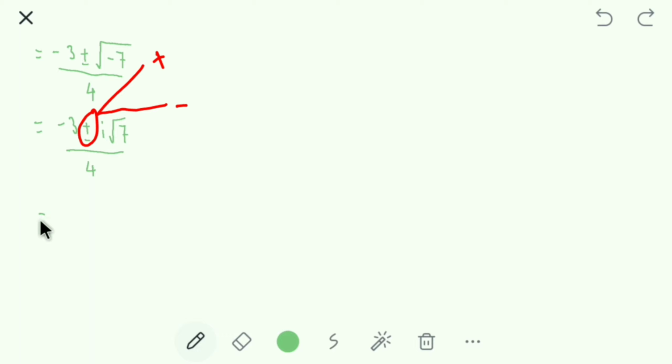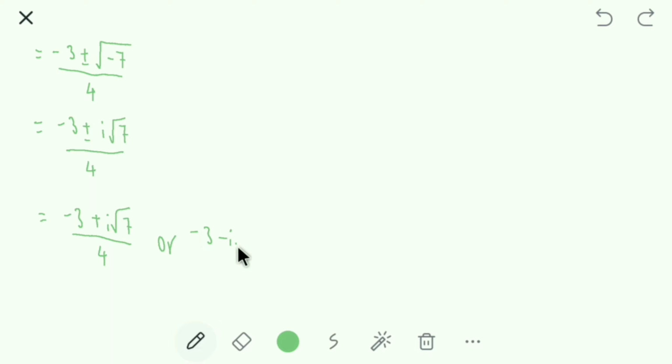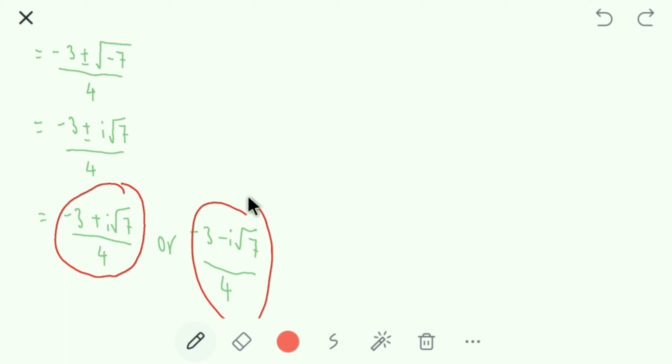So now it is minus 3 plus i root 7 by 4 or minus 3 minus i root 7 divided by 4. So here minus 3 plus i root 7 by 4 or minus 3 minus i root 7 by 4 are the roots of the given quadratic equation.